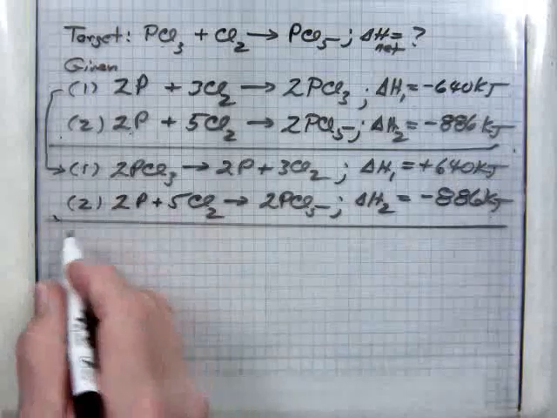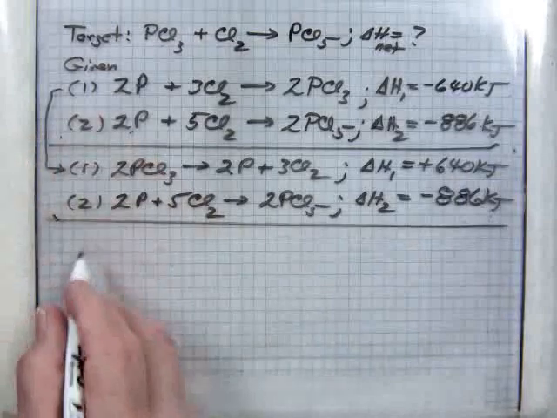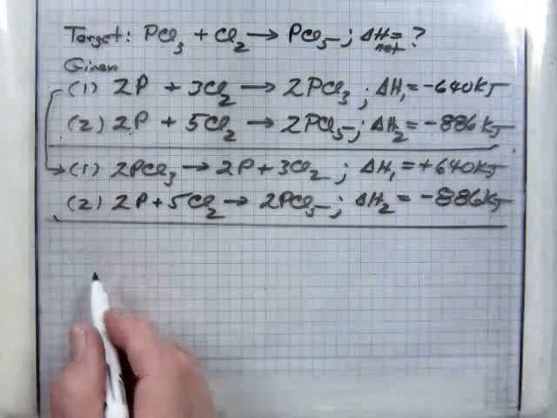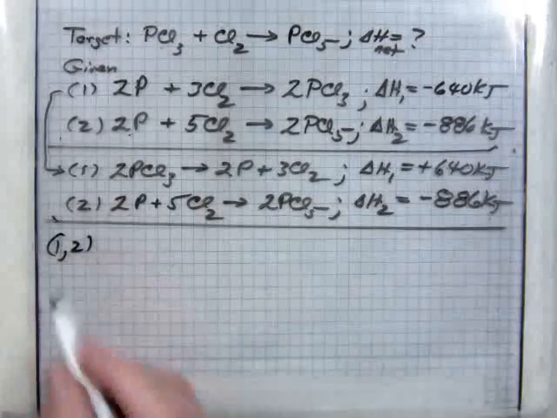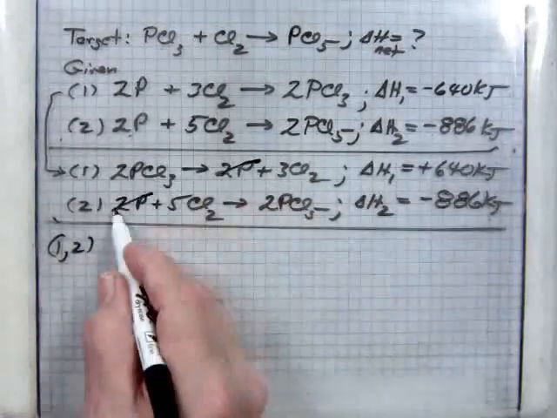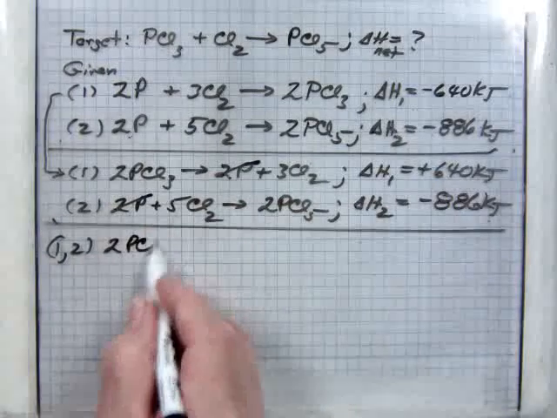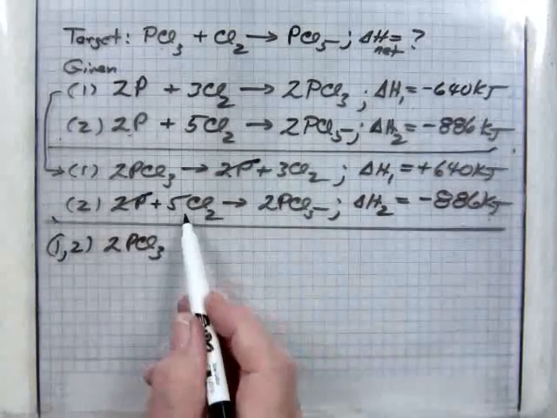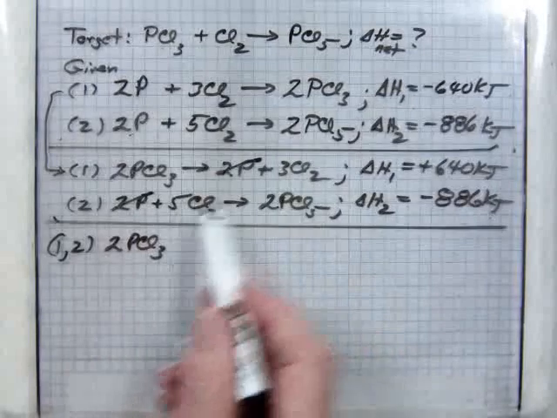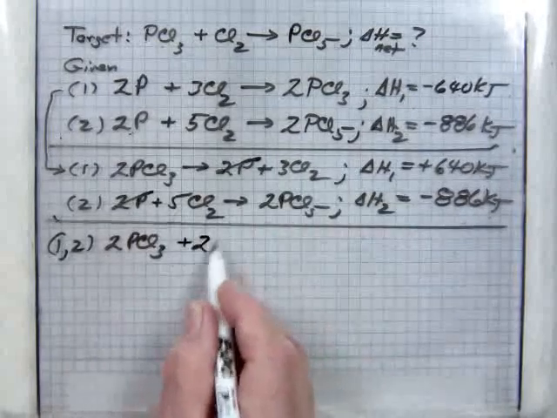Watch. So the third thing is we'll add these together. This is 1 and 2 added together. So phosphorus will come out, and we're left with 2 PCl3. So you have 3 chlorines on the right and 5 chlorines on the left. So 5 minus 3 is 2 chlorines.